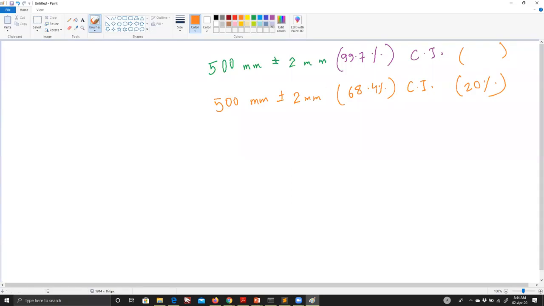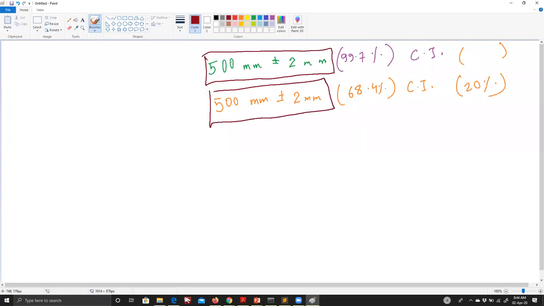Now, most people will just look at this data and they will be happy. The problem with normal distribution is, of course, some examples are gonna spill over beyond this range as well, but how many examples are gonna spill over? So this one basically says that because 2 mm is 3 sigma, you can understand sigma happens to be 2 by 3 mm, which is actually very good.